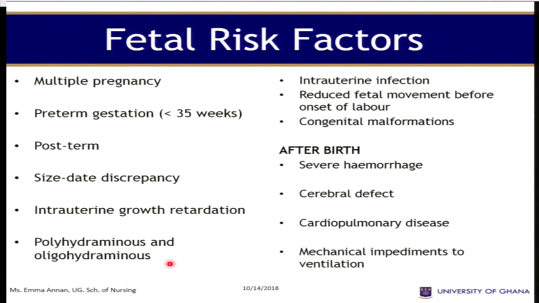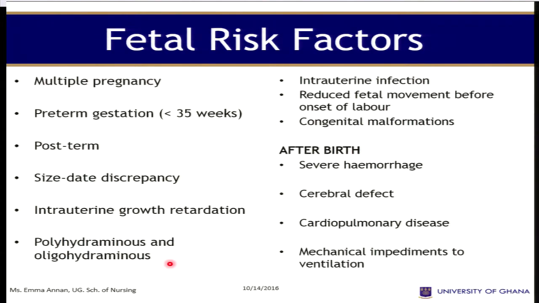Fetal risk: when there's multiple pregnancy, when the baby is preterm or postterm, or is too large for size or small for size, it can lead to the baby having birth asphyxia.